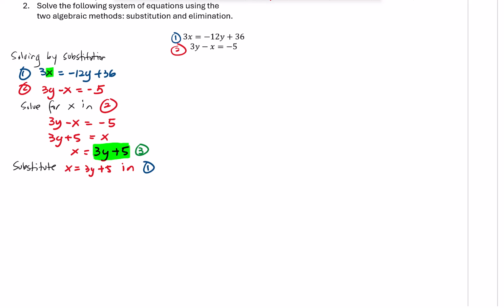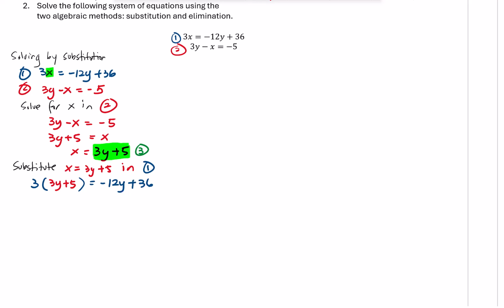So copying equation number 1, let's make the x 3y plus 5 is equal to this value plus 36. And then from here, we will simplify the left side of the equation, and we will just solve for y.